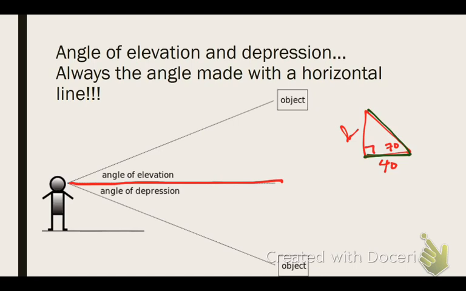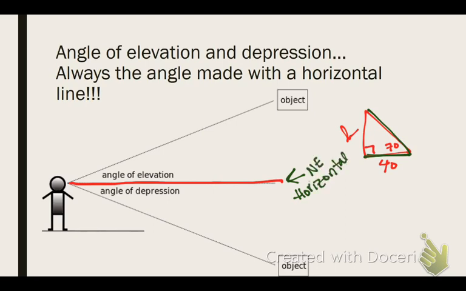So, whenever you have angle of elevation or angle of depression, you have to have a straight line. It's easier on elevation because normally it's with the ground. Angle of depression is harder because you have to draw an imaginary horizontal line. I just want to emphasize, you need a horizontal line. So please write that.